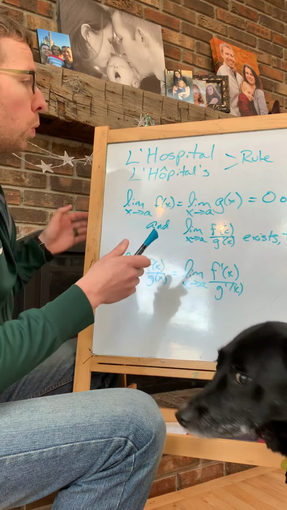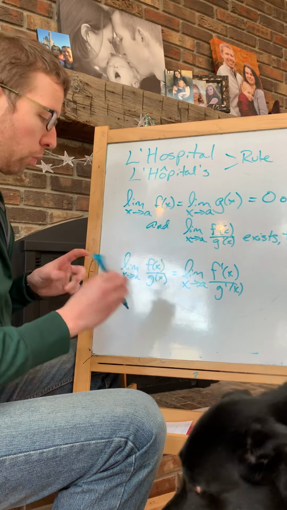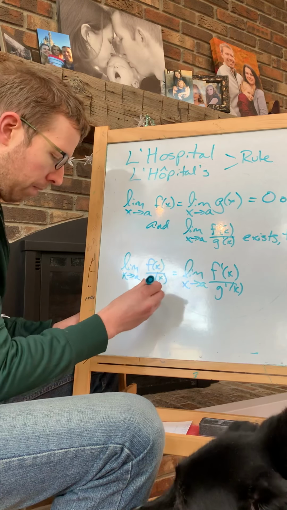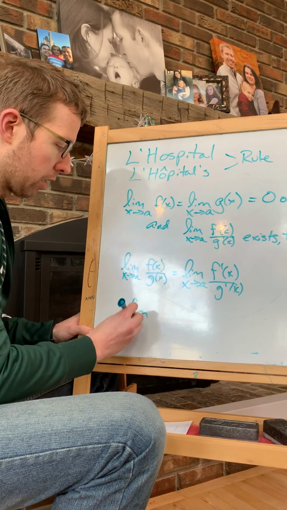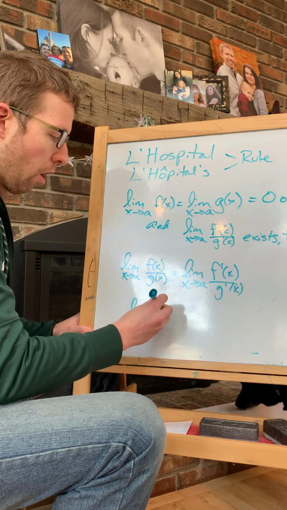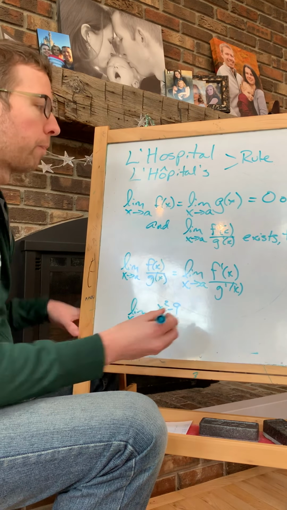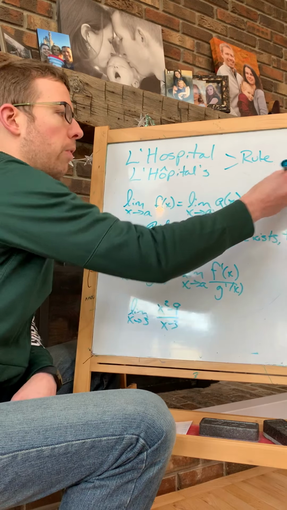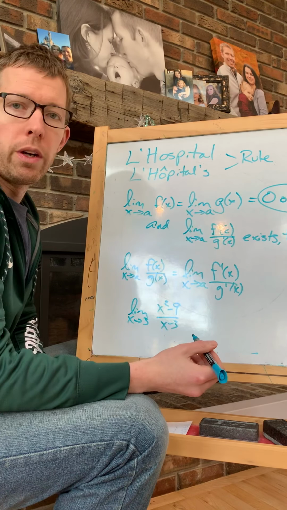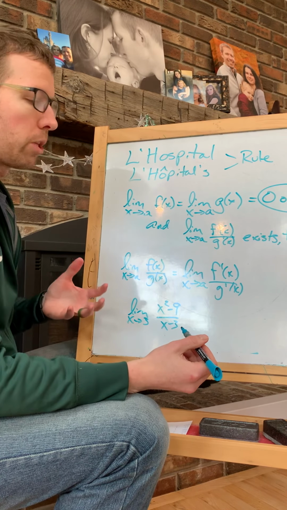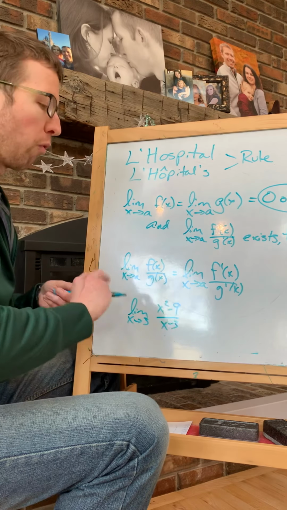And L'Hôpital's rule is going to help us to find the limit of something that looks like the limit as x approaches 3 of x squared minus 9 over x minus 3. Now, this bit right here is important. This bit is what's going to create something called the indeterminate form.